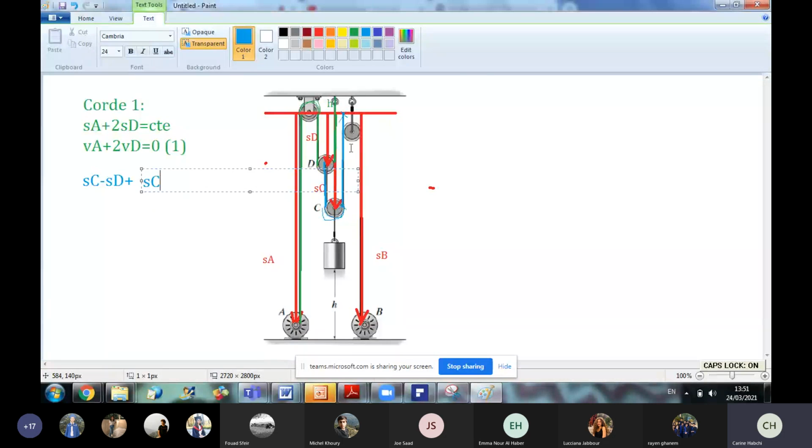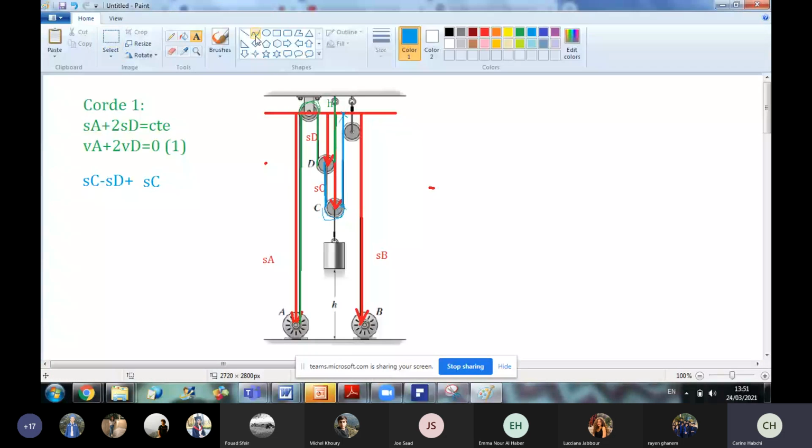Then if I continue, I am turning over the pulleys, which is a constant length. Of course, this part from this point to this one is equal to SC minus a constant. So the constant will be lumped with the constants. So from here to here, it's SD minus a constant.